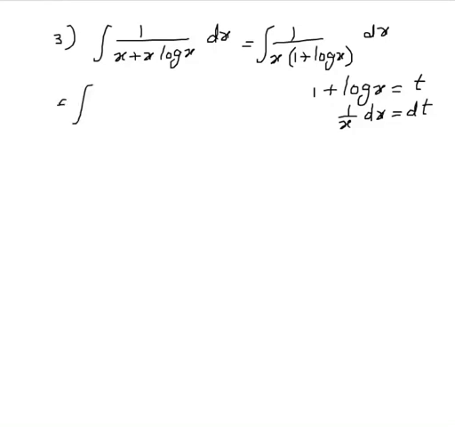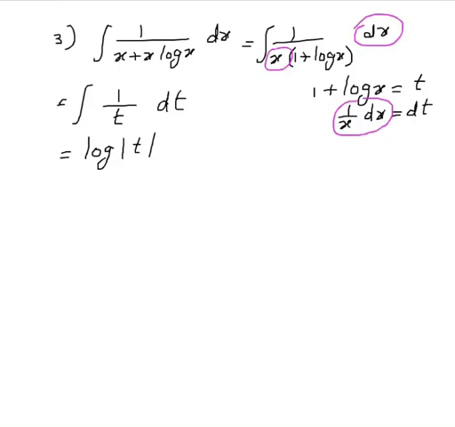Therefore, the integral becomes, we have dx by x here, which becomes dt, and 1 divided by that bracket is t. And the integral of 1 by t is log of, here we need to write the absolute value sign, absolute value of t plus c, and don't forget to substitute for t, and our t is 1 plus log x.